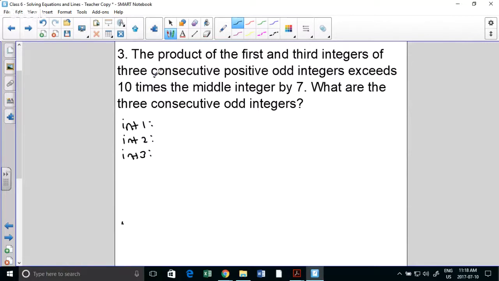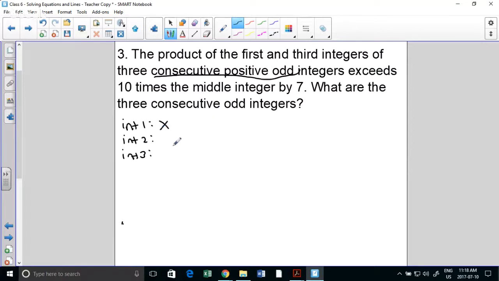So consecutive, positive, odd. If I have 3, the next odd numbers would be 5 and 7. If I have 12, you can't, it's not odd. If I have 15, it would be 15, 17, 19. So that's how we do consecutive odd numbers.